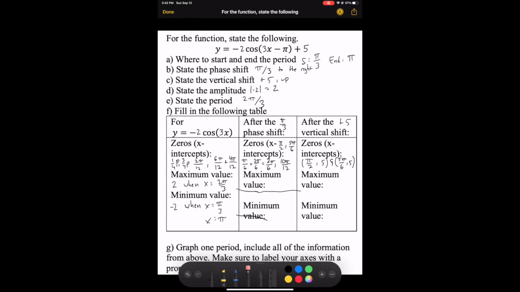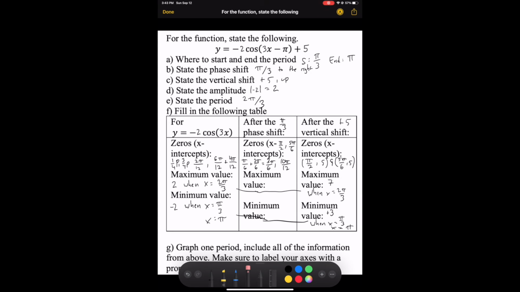So when x equals 2 pi over 3, and when x equals pi over 3, and x equals pi, but we are adding 5 to the original numbers. So 2 plus 5 is going to be a max of 7, and negative 2 plus 5 is going to be a min of 3. Okay, so we pretty much have everything we need to go ahead and graph this.